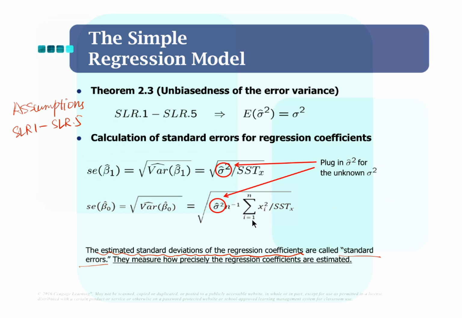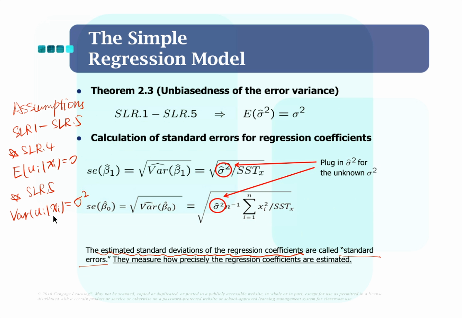The most important one is first of all SLR4, which states that the expectation of ui conditional on xi equals 0. No information is contained in xi about the mean of ui. The other one is SLR5, the variance of ui is irrelevant to x.